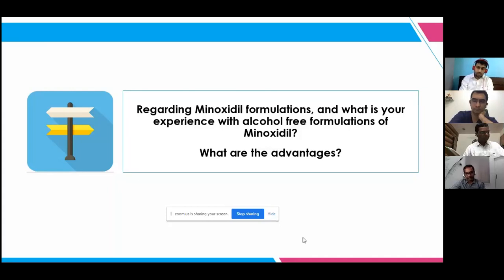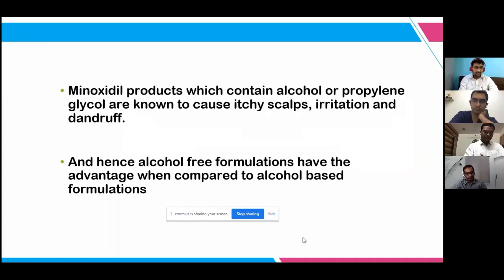The advantage is that aqueous-based minoxidil avoids the irritant and dryness effect of alcohol-based minoxidil. Mainly the dryness, the irritation, or maybe the exacerbation of seborrheic dermatitis may be a little bit controlled with alcohol-free preparations. So that's why they say that alcohol-based preparations are more irritable and they cause dryness.